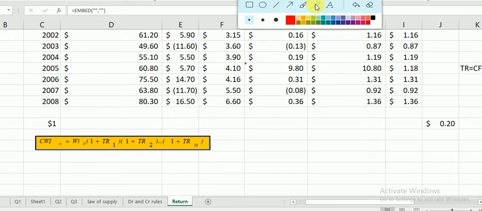Here we can also write that 1 plus TR is our return relative. If you remember, we calculate 1 plus total return, so this is our RR.